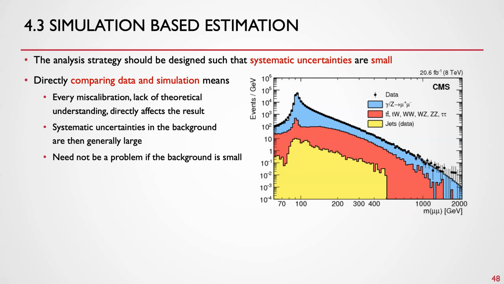In other words, it takes on average 10 repetitions of the same experiment until you observe a single event. So a 0.1 event background estimation is a small number, and you don't care if your uncertainty is large. Even if you have an imperfect calculation that gives you a 20% uncertainty on your simulation-based background expectation, you will get 0.1 plus minus 20%.